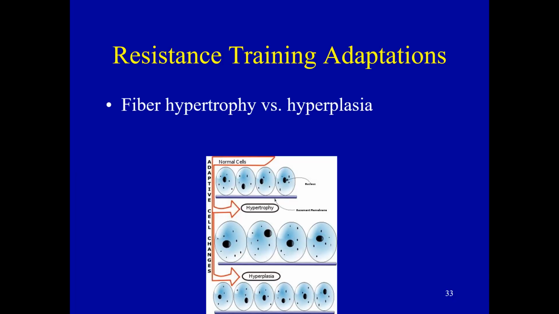So an interesting concept as far as how the muscles get bigger. When we think of an entire muscle getting bigger, there's two kind of ways that that could happen. And these are not muscle cells shown in this picture, but I like this picture just because it gets the point across. So if we think of from here to here, the width of this picture to be the size of the muscle.